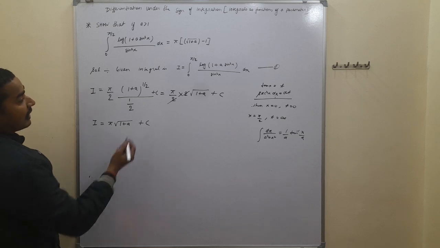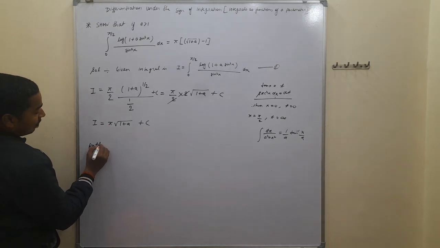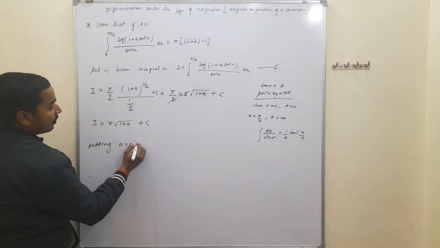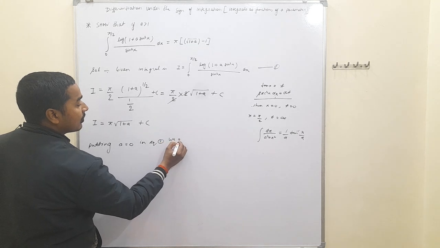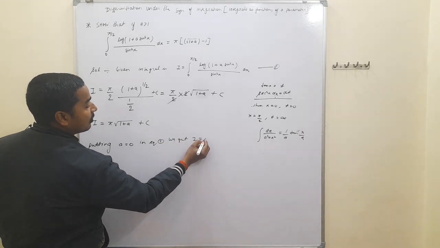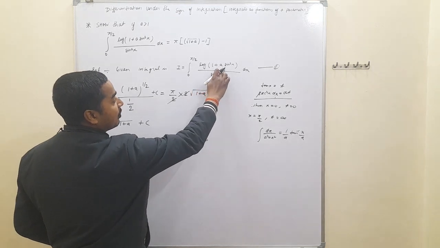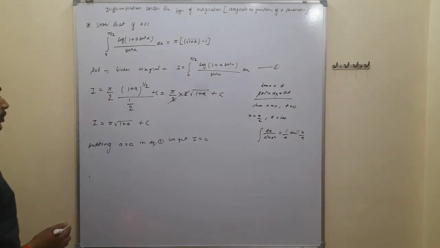We have to find the value of c, putting a is equal to 0 in equation 1, we get I is equal to 0. When we put a as 0, this part is 0 and log 1 is 0, we get I is equal to 0.